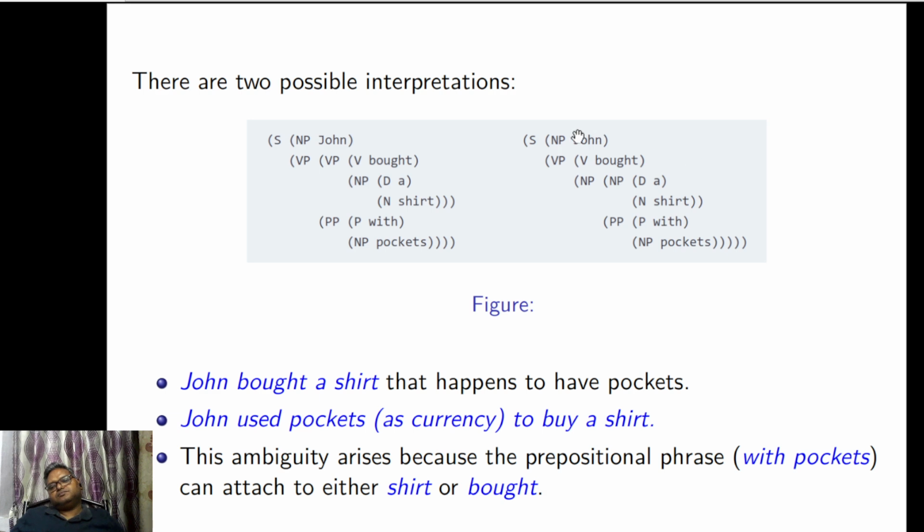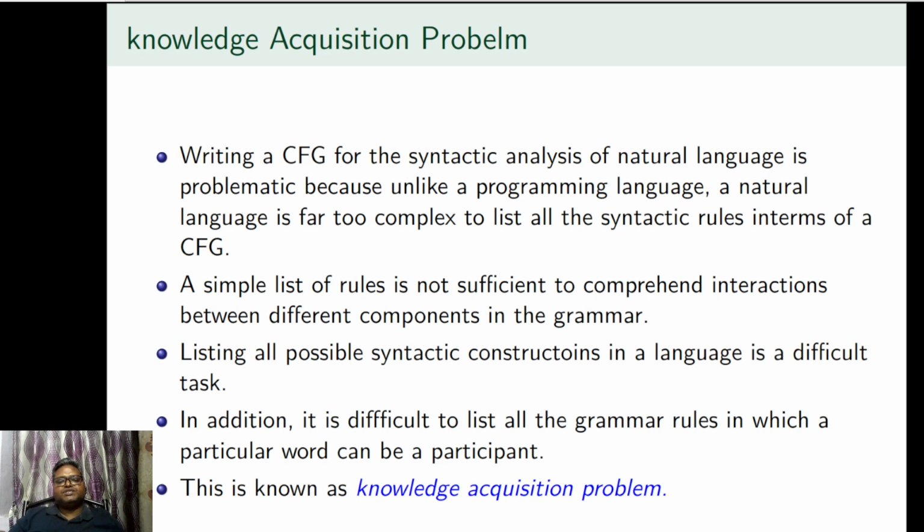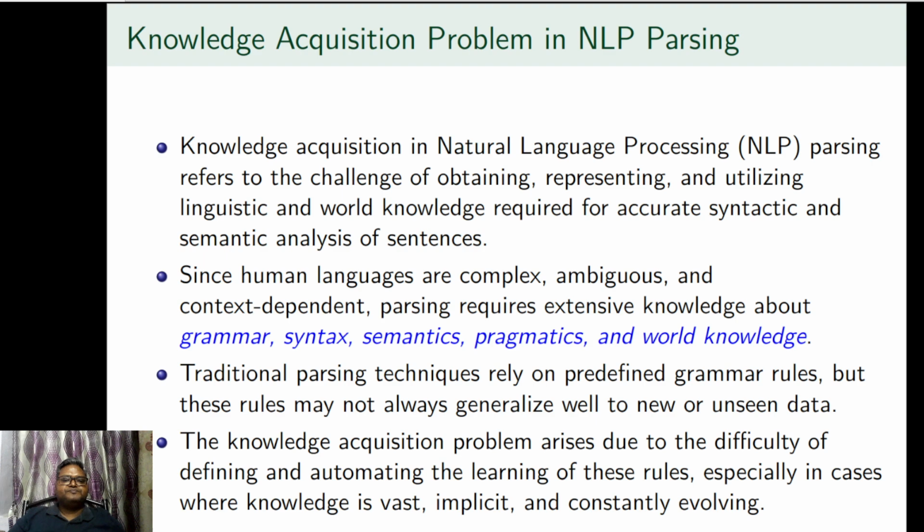Another interpretation is "John bought a shirt with pockets," where "shirt with pockets" is a noun phrase. So this is the more plausible one. That means to understand correct parsing, the parser should have knowledge. That's why it is called the knowledge acquisition problem.